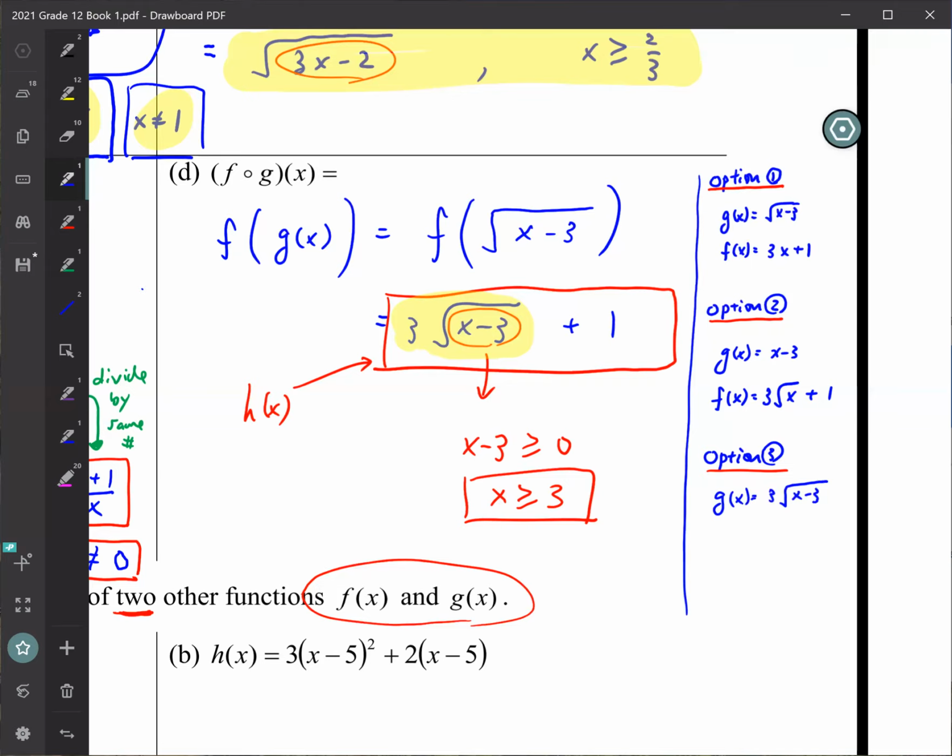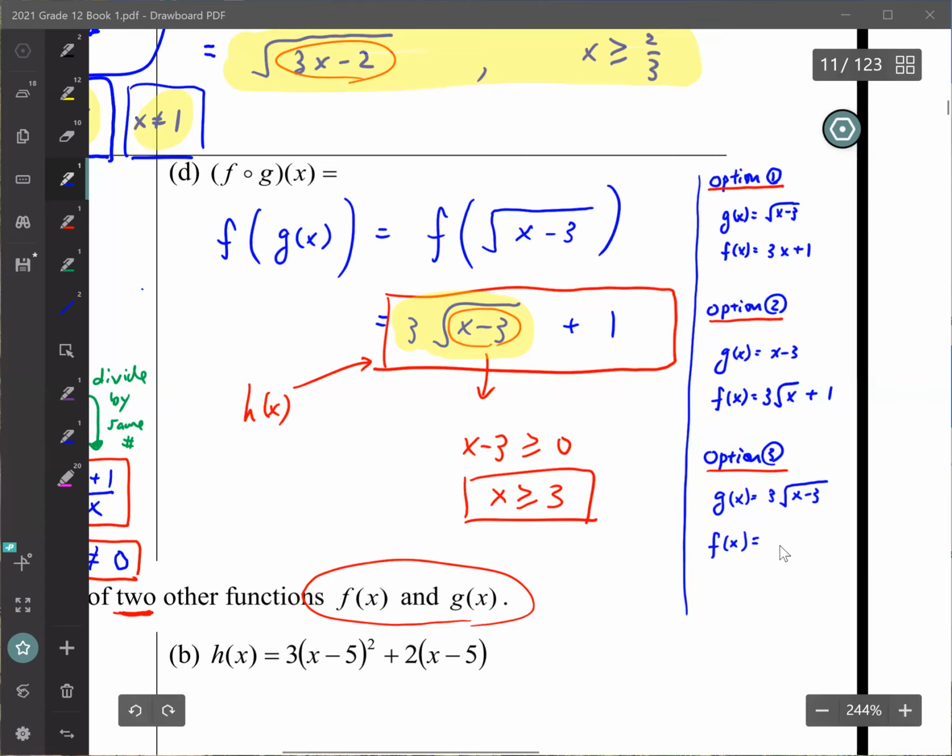All right, so I'll let you try f, and raise your hand if you have an answer. What do you think f of x should be? Does anyone else know?